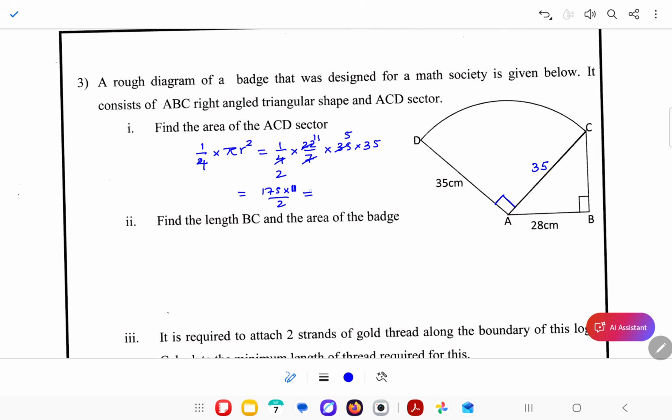So that is 1925/2. So that is 962.5, right? 962.5. Right, that is the area of the ACD sector.